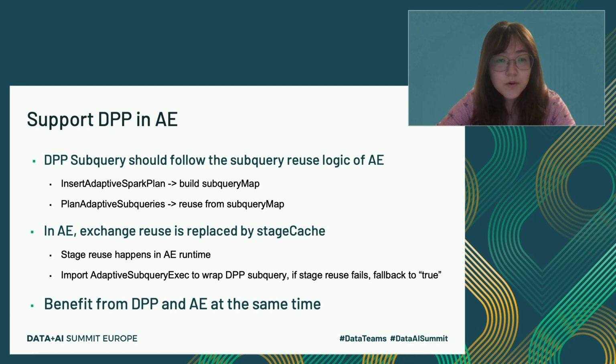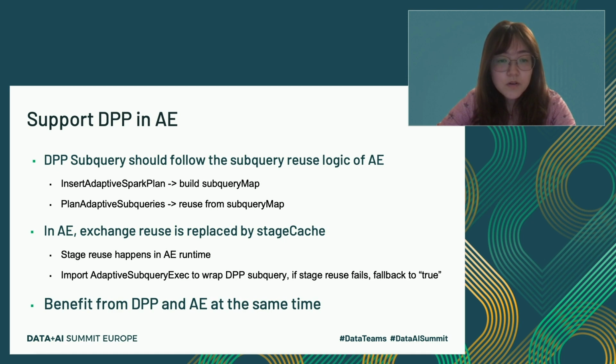So to support DPP in AE, firstly, we should extend the build subquery map in the insert adaptive Spark plan rule. We need to put the DPP subquery into the subquery map. And then when we plan the adaptive subqueries, we reuse that subquery from the subquery map.